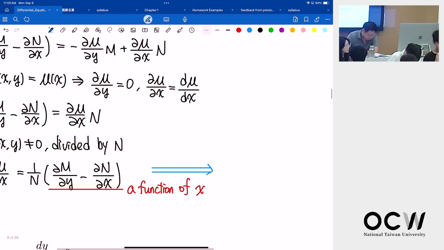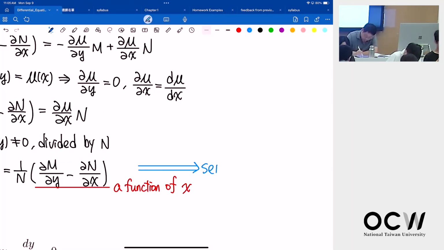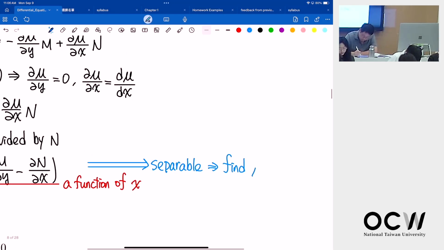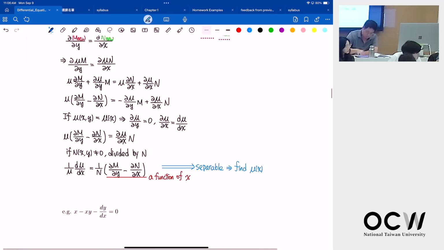So this is separable. Then we can find the integrating factor mu. Okay.